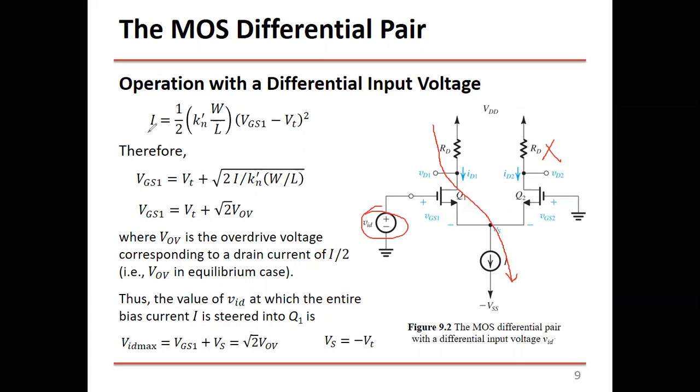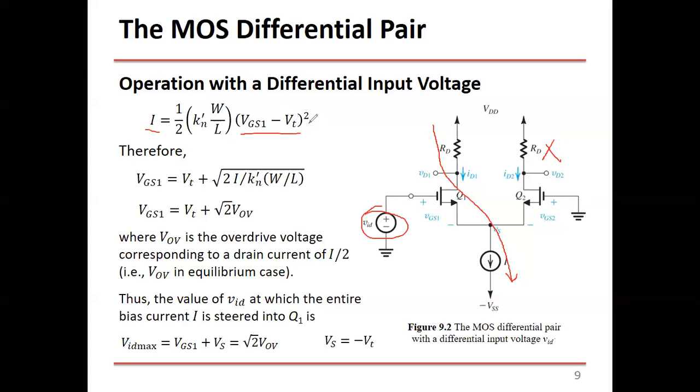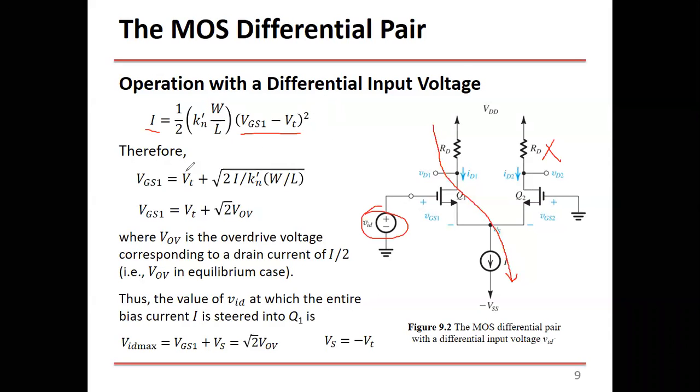So we substitute ID1 with I. We substitute V over drive by VGS1 minus VT, V threshold, square. Then we solve for VGS1. Simply we divide this by this, take the square root and send VT to the other side. We will get this one.